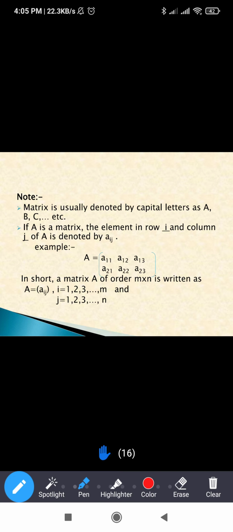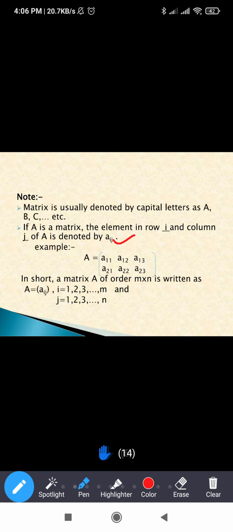If A is a matrix, the element in row i, you can underline that i, the element in row i and column j, underline that i and j, of A is denoted by Aij.